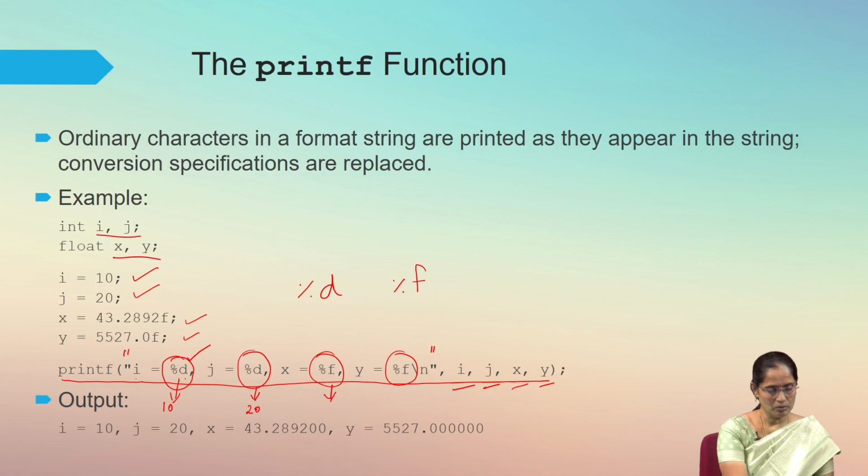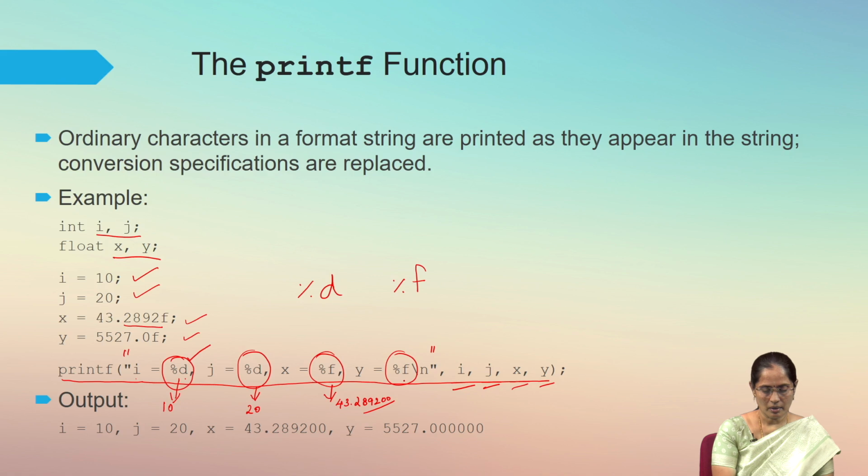So the x value will be replaced with 43.289200. We will come to the point of why it is displayed as 43.289200, whereas the original value is just 43.2892. So there is a difference in the way it is getting displayed.